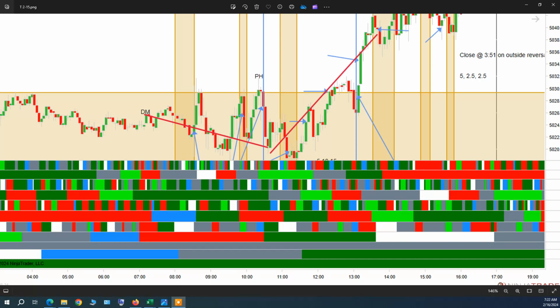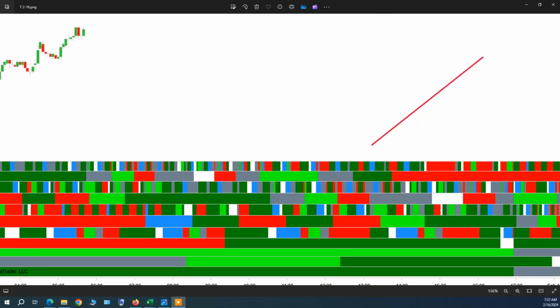Now I'll bring the chart in for today. We have one move today. One primary move today is from 13:14 this afternoon into the close.